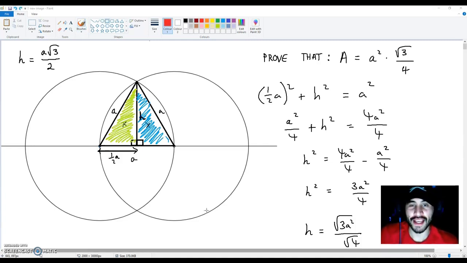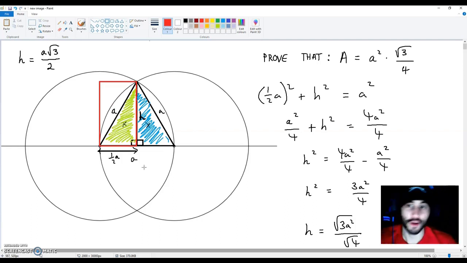Okay, so how do we get the area of half of this equilateral triangle? Well, what we can do is put a rectangle on it like this, outlined in red. We get the area of this rectangle and then divide it by 2 to get the area shaded in green, because it is obviously half the area of the rectangle.